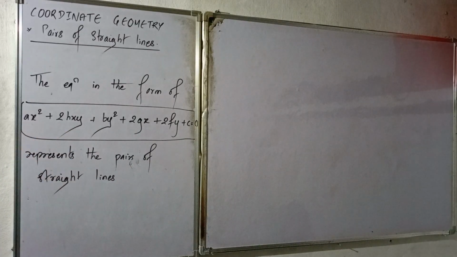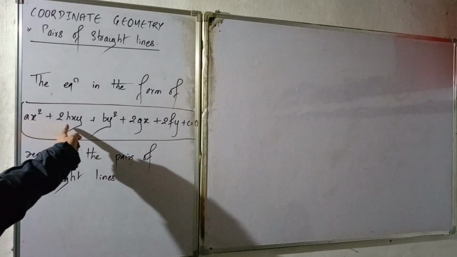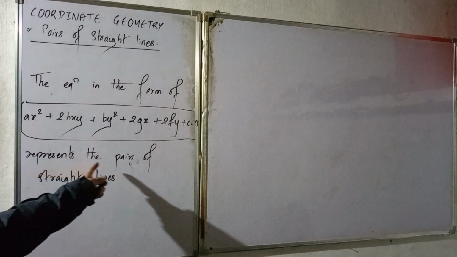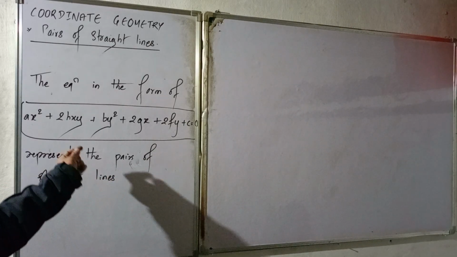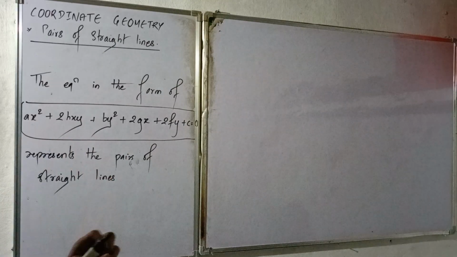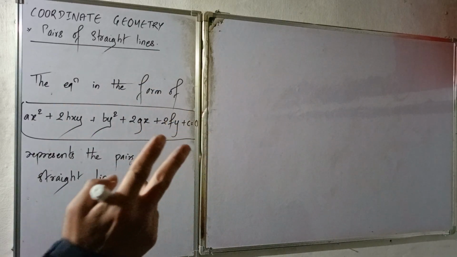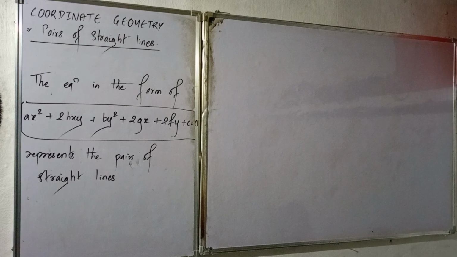The equation in the form of ax squared plus 2hxy plus by squared plus 2gx plus 2fy plus c equals 0 represents the pair of straight lines. If this type of equation can be factorized, it gives two linear equations, that is, a pair of linear equations.